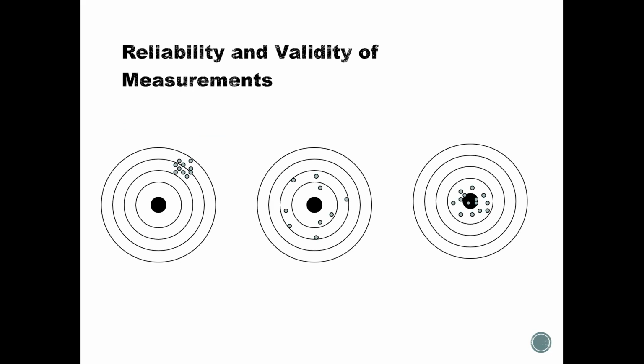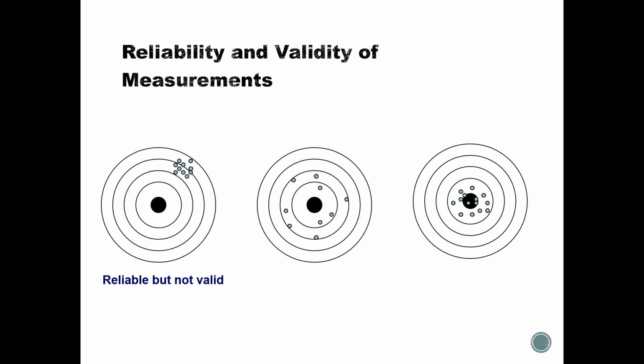We can see these two things, reliability and validity, with this example. In the first case, the main target of this diagram is to show that we want data points which should be close to the central black spot.